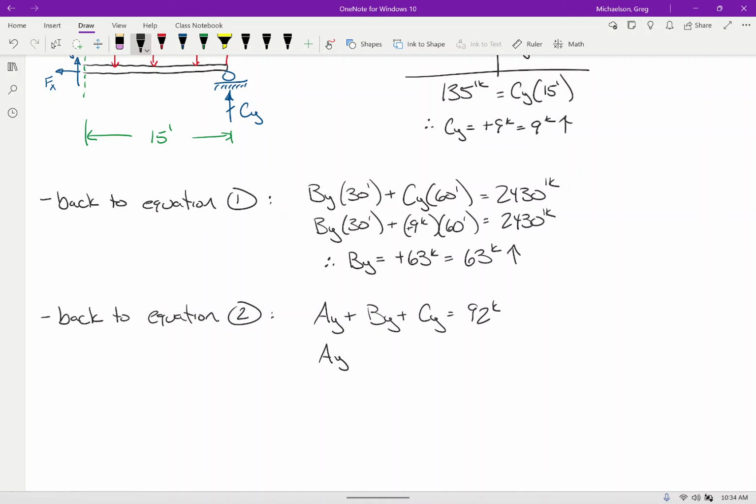And I'm going to make a few comments about that here in a second. So this is 63 kips plus this is 9 kips is 92 kips. So 63 plus 9 is 72, right? So 72 off of 92 is 20. So AY is that.